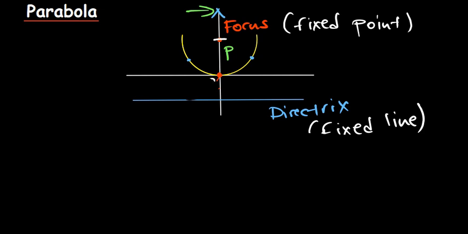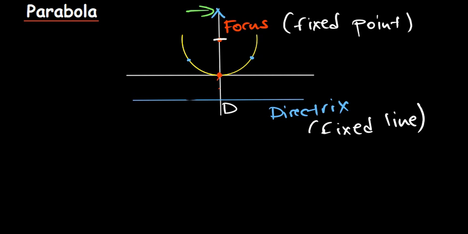Knowing that the vertex is the midpoint between the focus and the directrix, this distance is also going to be p units, but in the negative direction. Okay. Now, taking note of that, I can introduce another concept that you need to know.